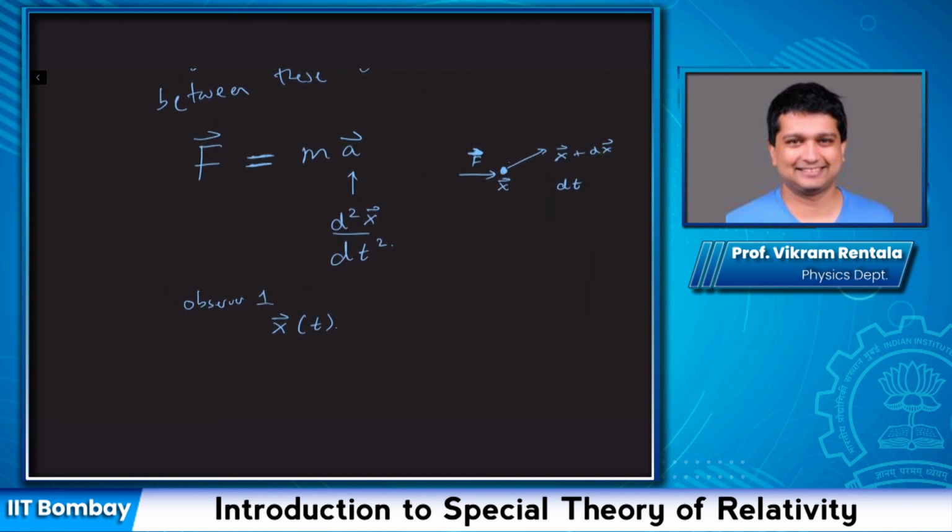So you would say that the rate of change of its position, that is how much it moves in a time t, this is its velocity at time t. And if I want to know its acceleration, I would calculate the rate of change of its velocity. That is, I would calculate the second derivative.